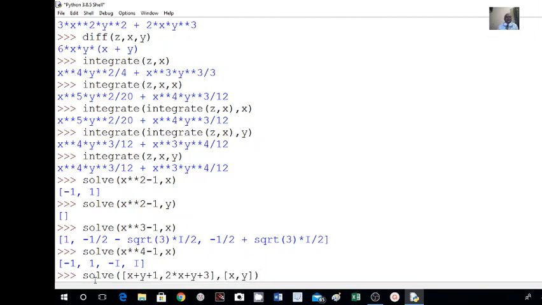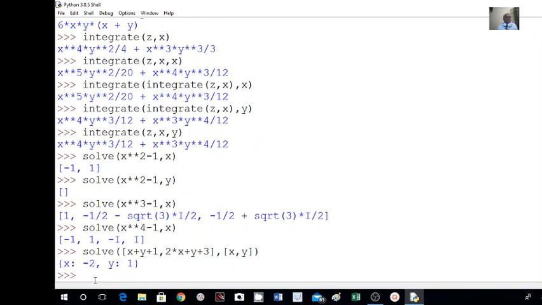I think it is correct now. Here simultaneous equations are there, x plus y plus 1 equal to 0 and 2x plus y plus 3 equal to 0. Solve these two equations in terms of x and y. Let me execute. x equal to minus 2, y equal to 1 is the solution.